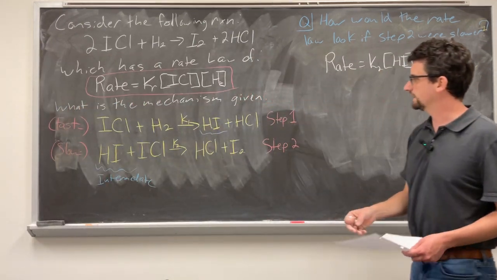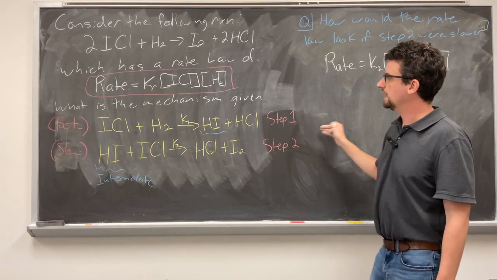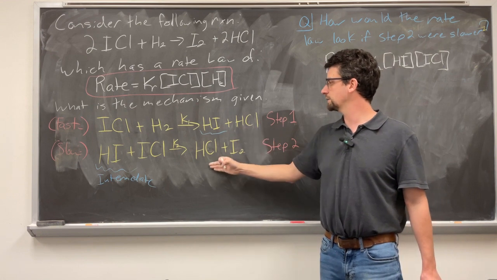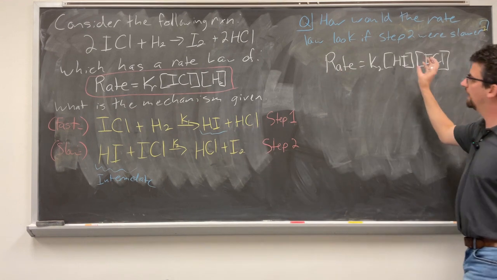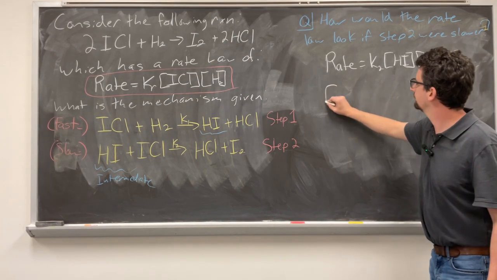Okay, so let's consider where HI is being produced. HI is only being produced in this reaction, and then it's being consumed here. So it's being gobbled up in that second step. However, what controls the concentration of HI?